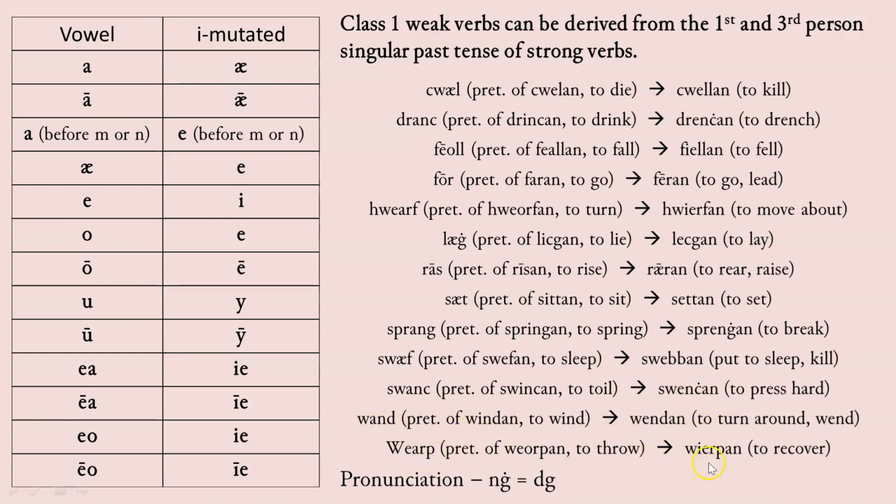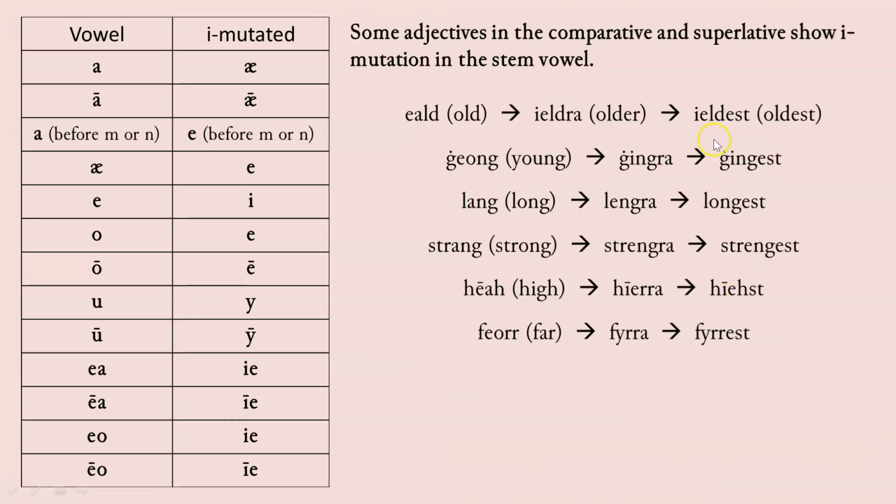Werp, weerpan. Okay. Now, some adjectives in the comparative and superlative show i-mutation in the stem vowel.